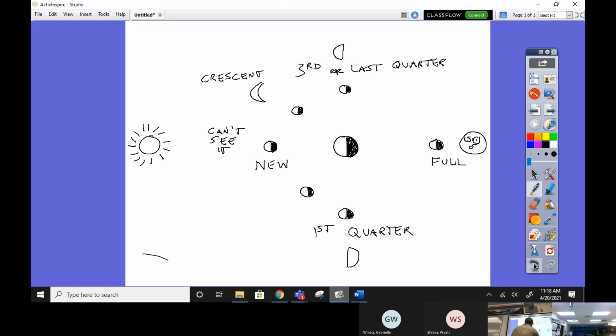We're looking at more of the dark side than we are of the light side. So once again, we see a crescent down here, but the difference is that it's a crescent on the other side of the moon. It's now a crescent on the right side, like that, instead of a crescent on the left.